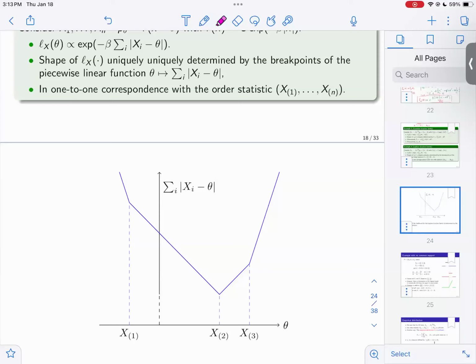Vice versa, given the statistic, I can plot this function, because based on how many data points you have, the slopes here would be determined completely. So once I have this, you can go verify what the slopes are here and here and here and here. Once you have the list, I can recover this up to a shift.